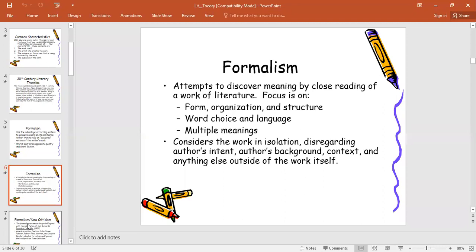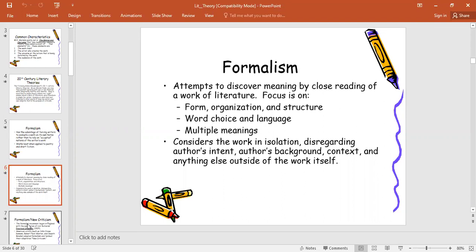So critics, especially while following formalism, try their level best to discover meaning by reading the piece of literature and to infer the message of writers, so that they may easily speak more and more on it, and it focuses on form, organization, and structure.